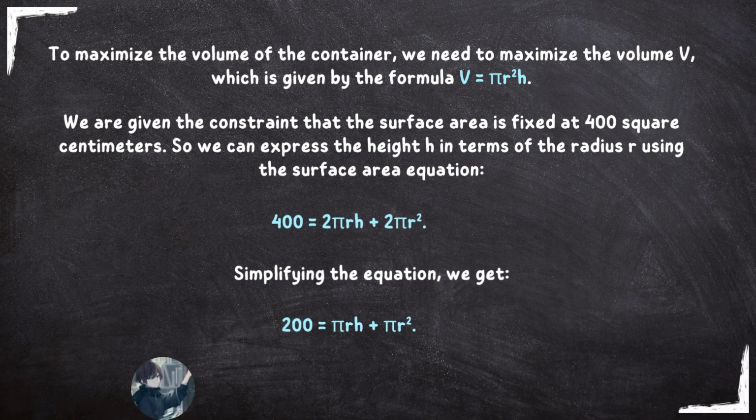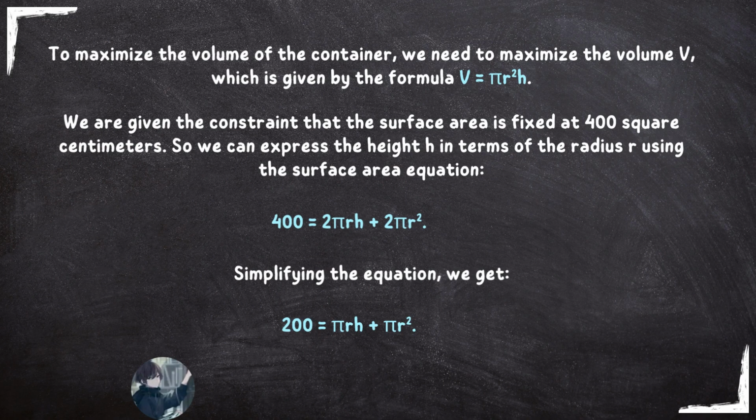To maximize the volume of the container, we need to maximize the volume V, which is given by the formula V = πr²h. We are given the constraint that the surface area is fixed at 400 square centimeters. So we can express the height h in terms of the radius r using the surface area equation, which is 400 = 2πrh + 2πr².